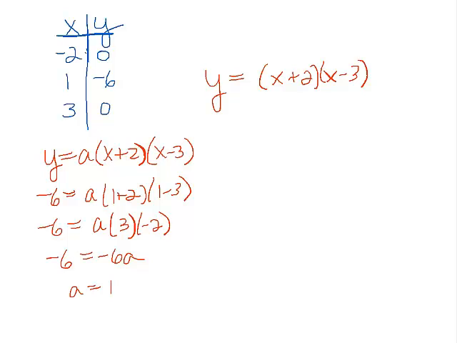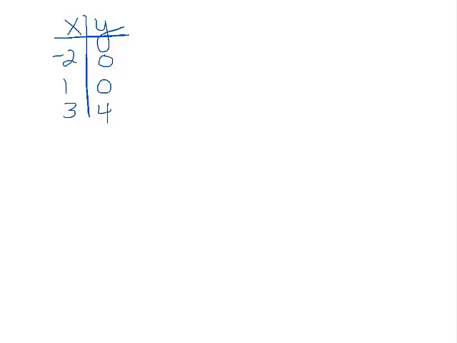Now on to our last table. Again, we have 2 zeros and a point to let us find our a value. So I'll be setting these up as a nice quadratic. Oops, that's plus 2.